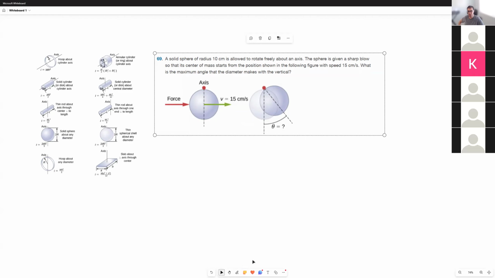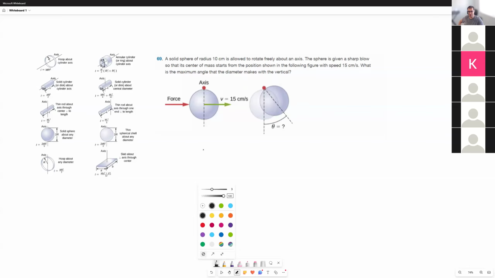Position one is completely vertical. It has only kinetic energy, and in position two, it has some gravitational potential energy. Can we say mechanical energy is conserved, guys?